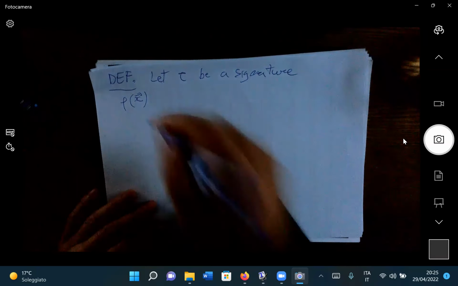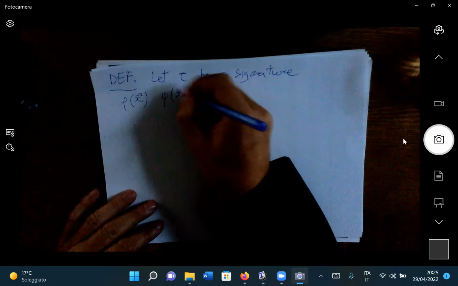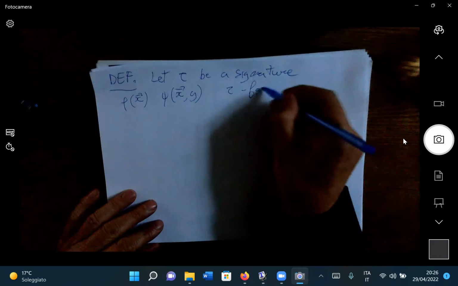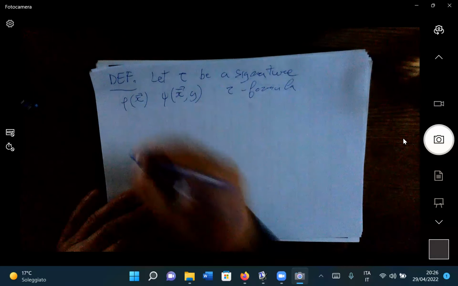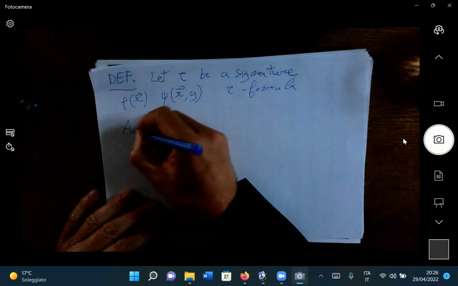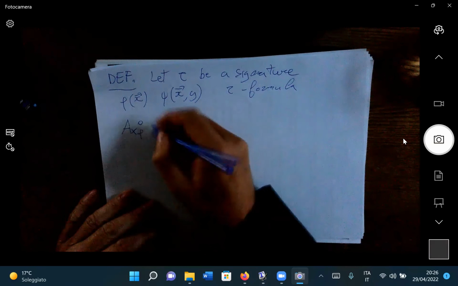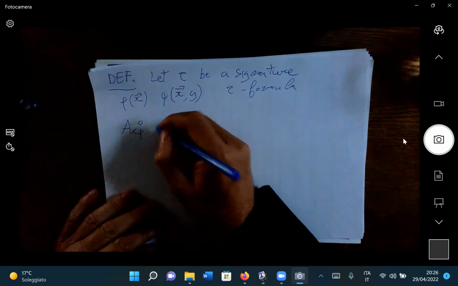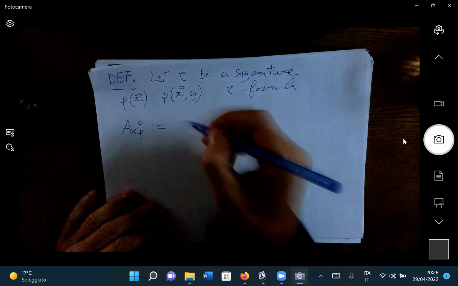So we have phi x and psi x y, tau formulas, and we consider two types of axiom. The first type of axiom says: I'm considering this formula phi x as a quantifier-free formula. How do I do this?